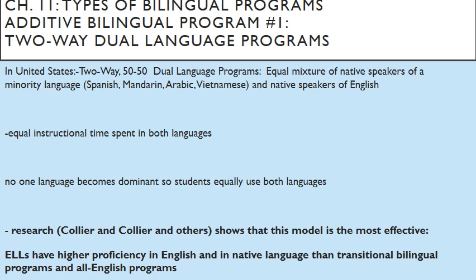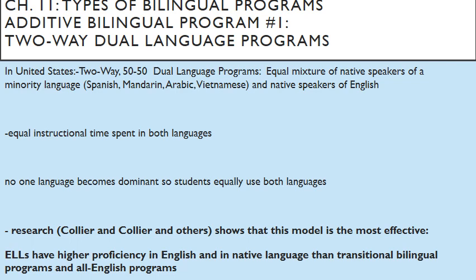There's an equal amount of instruction time that's spent in both languages, hence the 50-50 part of the name. So 50% of the class will be taught in students' minority language, so the native language of half the class, the minority language speakers, so for example, Spanish.